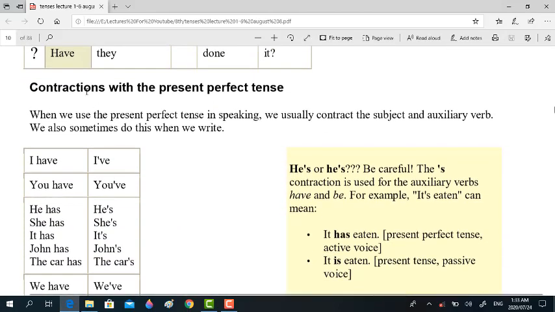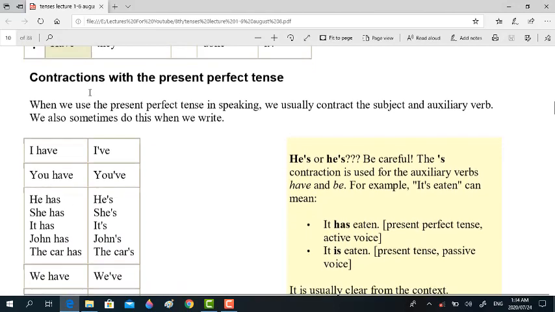Okay, here we talk about contractions. You can also go for contraction, though it is not supposed to be formal, especially when you are writing an essay or paragraph. Okay, you should go for the full form. When we use the present perfect tense in speaking, that is why the writer has mentioned here in speaking.